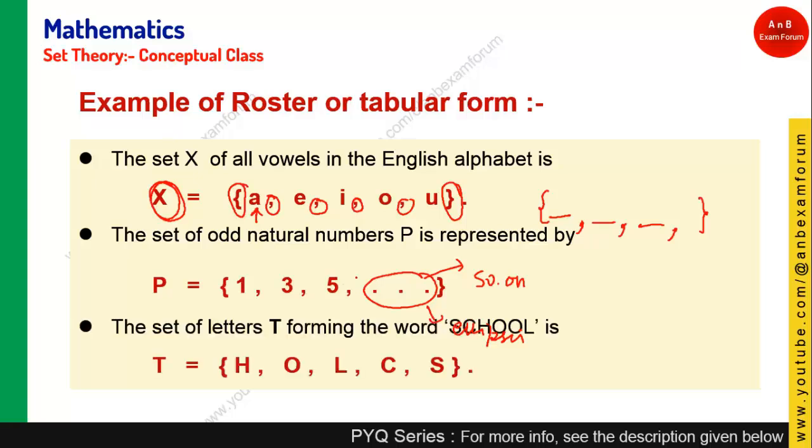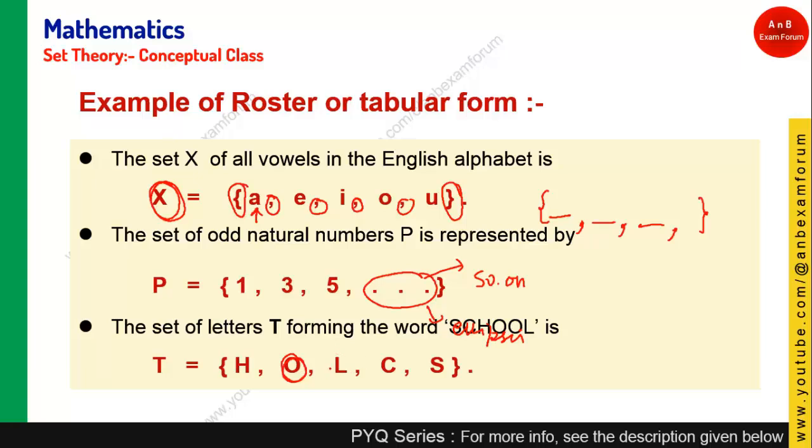Coming to the next, the set of the letters forming the word school. If you notice in this particular set, we have included only a single O. This is one property of a set: the items or the members of the set should not be repeated. I repeat, the members or elements of the set should not be repeated, and the order is irrelevant.